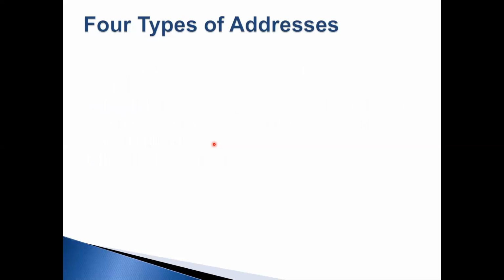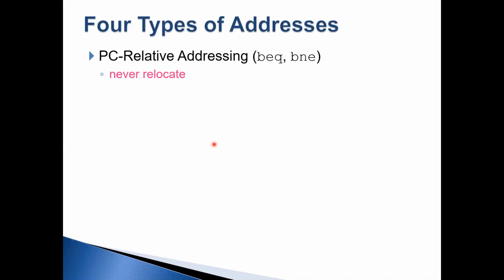So let's review the types of address, okay? Because here we are talking about the relocation. Okay, so in what situation we need to find out the absolute address, okay, in this linker stage. Okay, so for PC relative, BEQ, BNE, we don't need to relocate. Why? Remember how to translate BEQ or BNE?